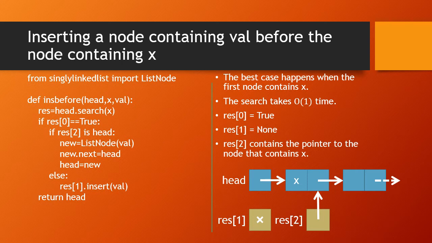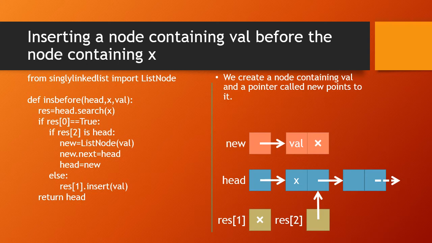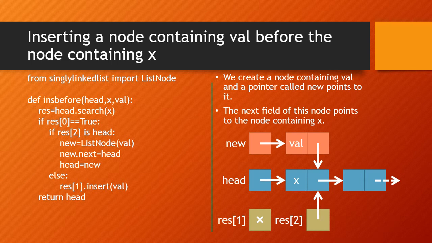And here we do 3 things. First, we call the init function of the class list node. We pass it the value val. It creates a new node and a pointer new points to it. Here you can see the freshly created node. The second task is to make the next field of this newly created node point to the node containing x.